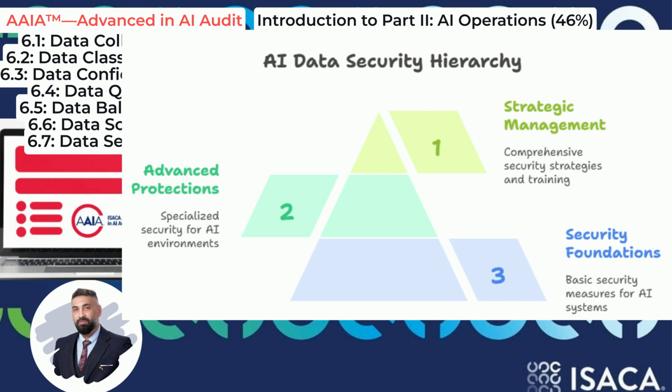Data loss prevention, DLP. Implement DLP tools and policies to prevent sensitive AI-related data from leaving secure environments. Network security. Utilize firewalls, intrusion detection and prevention systems, IDS/IPS, and network segmentation to protect AI systems and data. Secure Software Development Lifecycle, SSDLC for AI. Embed security into every phase of AI system development.